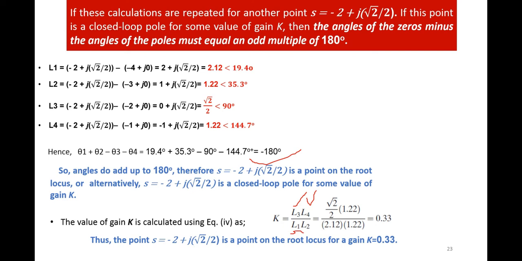So this is the way to find the value, and at this other point in this part of the example, it is 0.33. This is the way to find the values of k when the operating point on the root locus is given, and vice versa. We can find it the other way around.